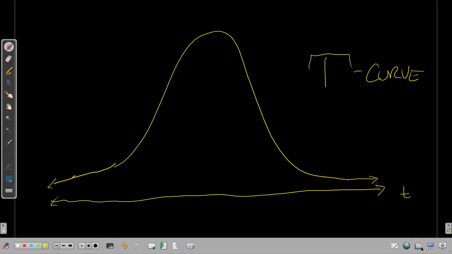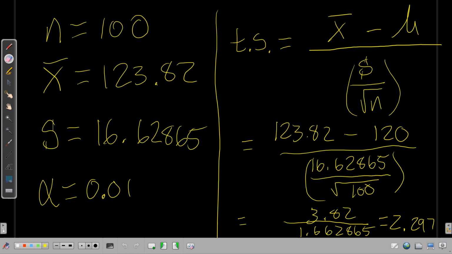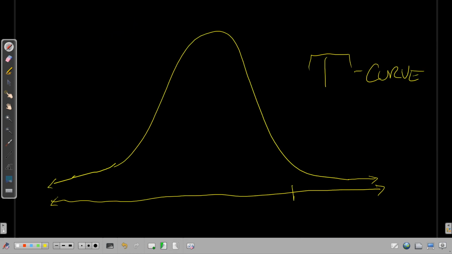You get t-values down here on the horizontal axis, just like the normal curve had z-values. And we have a test statistic of 2.30. Zero's here in the middle, so 2.30 is over here somewhere. That dot is 2.30. And we are curious about the area in the tail past the test statistic.